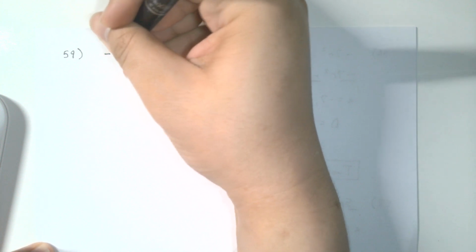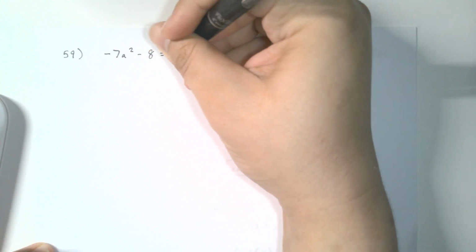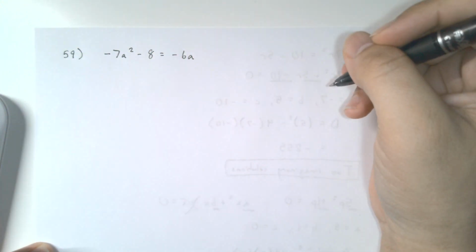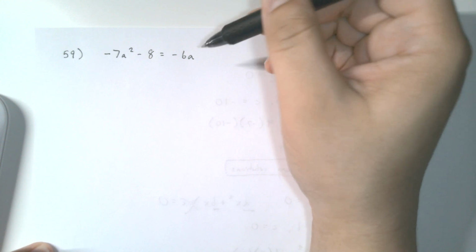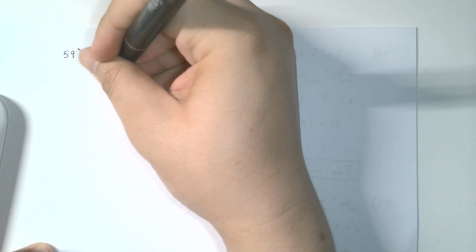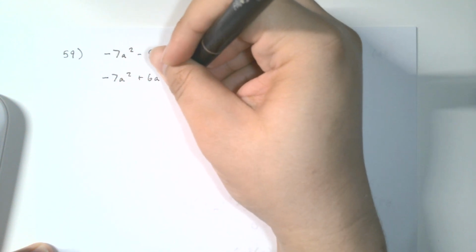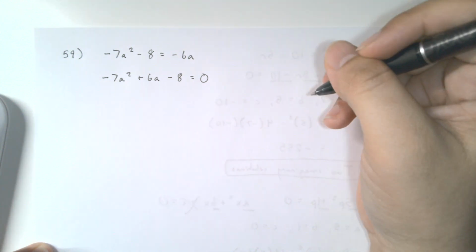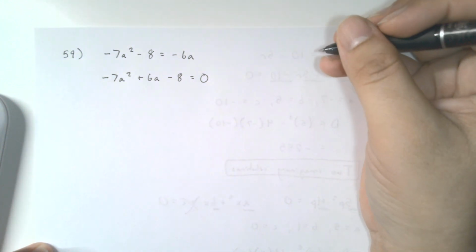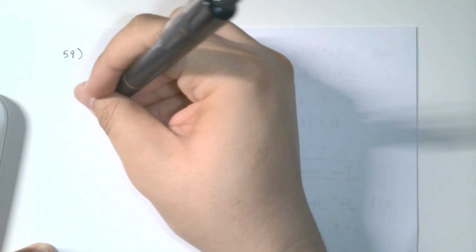So for number 59, we have negative 7a squared minus 8 is equal to negative 6a. Not in standard form, but again, we can fix this by adding 6a to both sides. And when we do that, we have negative 7a squared plus 6a minus 8 is equal to 0. We have a, b, and c.